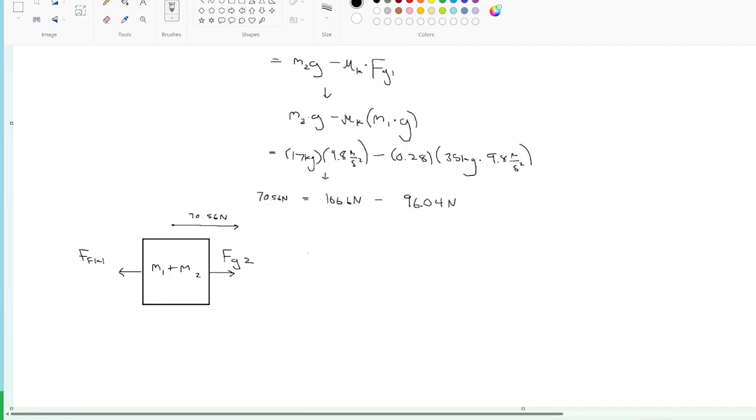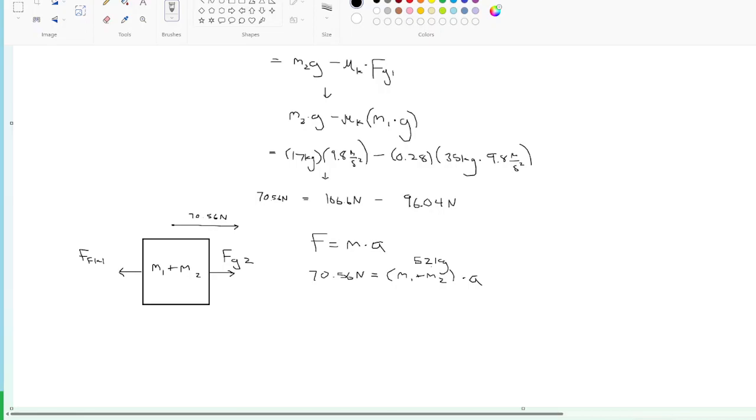And from here, it's quite straightforward. F is equal to mass times acceleration, right? So for this entire system, the F net is going to be equal to 70.56 newtons, which is equal to the total mass, M1 plus M2, times some acceleration. Now we just solve for acceleration because we have M1 and M2, 17 and 35, the sum of which is 52 kilograms.